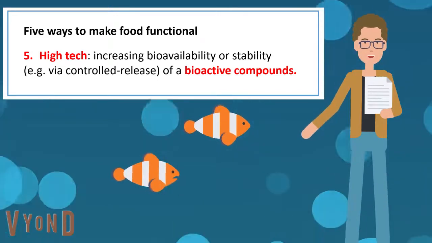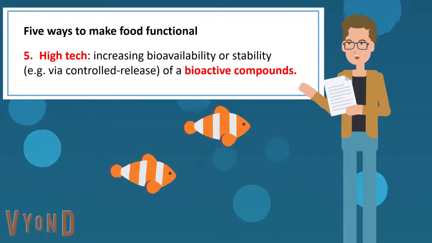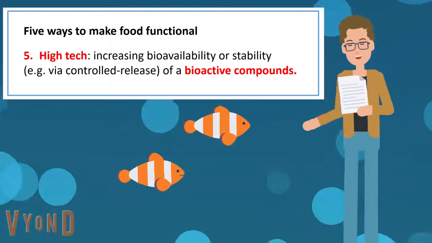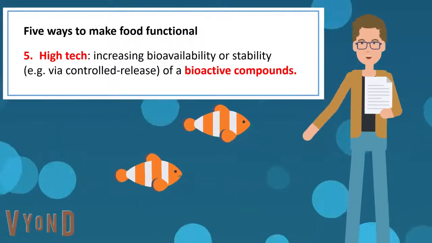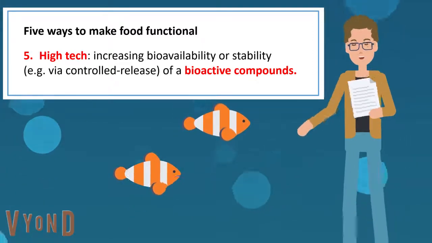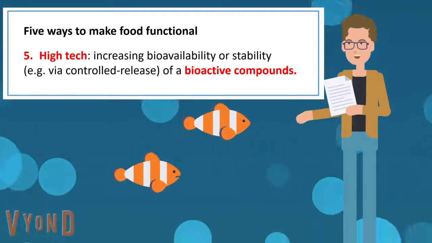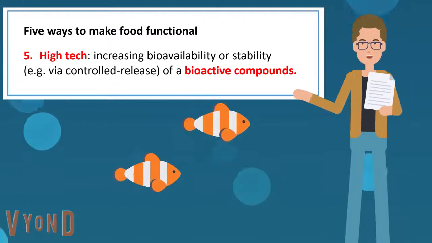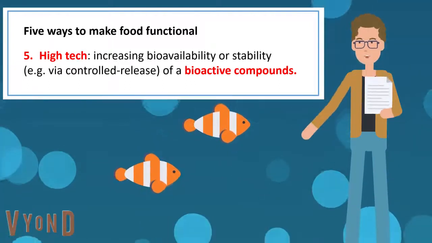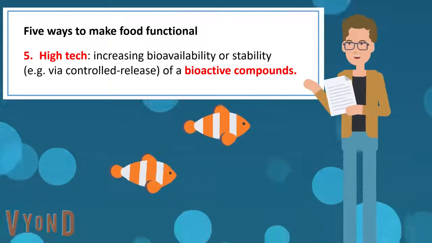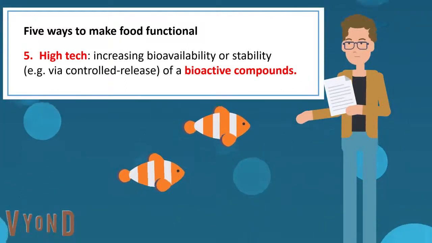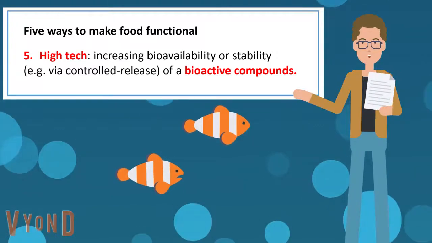An example here is increasing bioavailability or stability of bioactive compounds by using technologies such as microencapsulation and by using controlled release technologies. It is possible to make bioactive compounds more stable and more bioavailable.